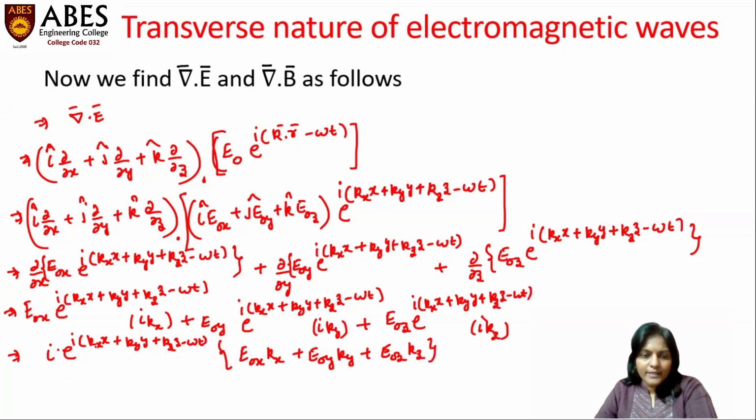But we know that kxx plus kyy plus kzz can be written as k dot r, so i e raised to the power i(k dot r minus omega t) multiplies E0x kx plus E0y ky plus E0z kz.